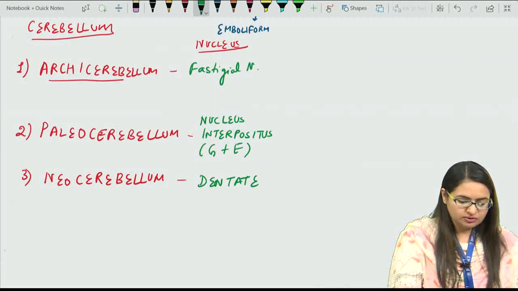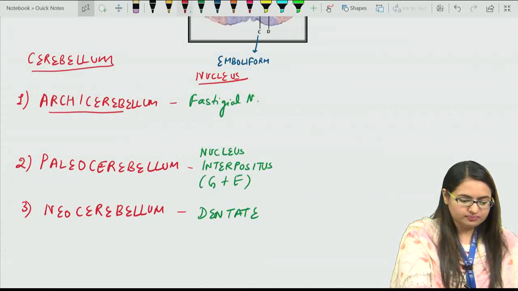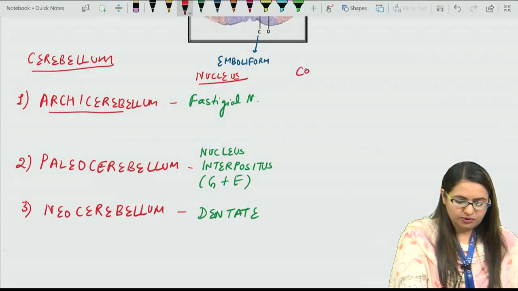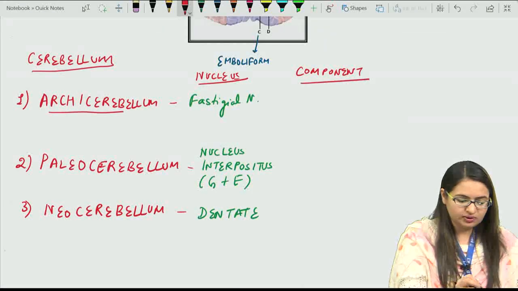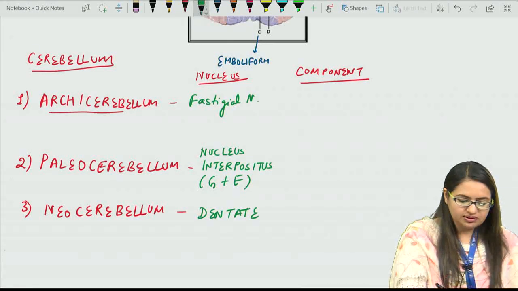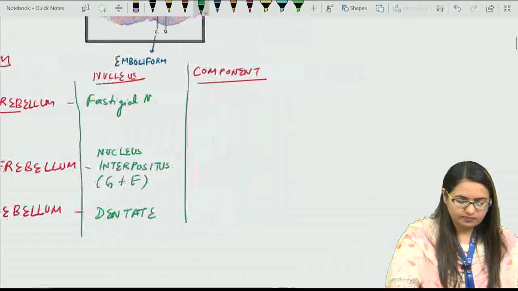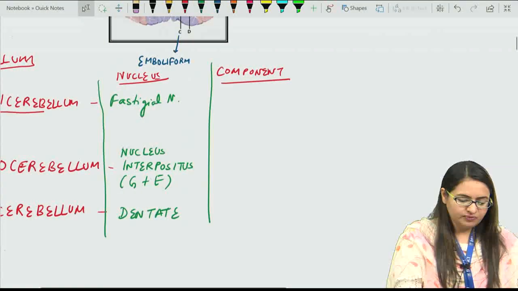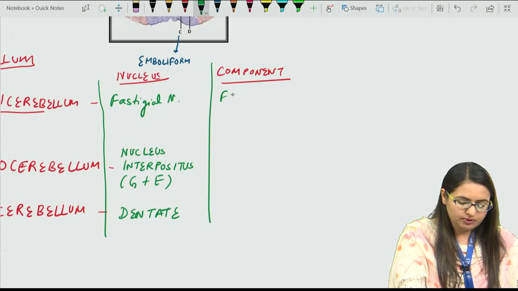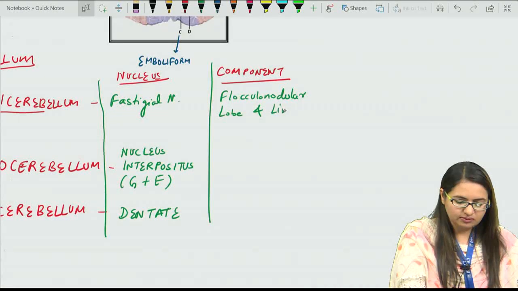And if we talk about the components of the cerebellum, which portions are included in each: the archicerebellum includes the flocculonodular lobe, as well as the lingula.